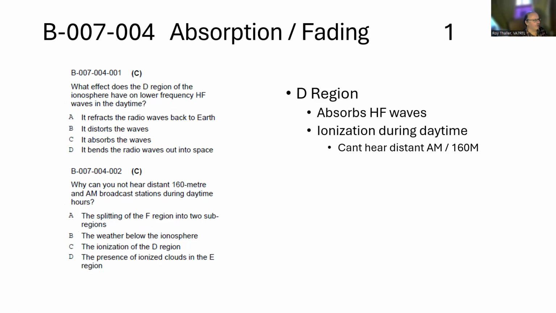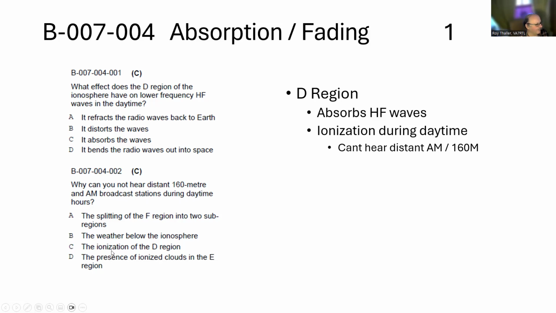Now we get into absorption and fading. What effect does the D region of the ionosphere have on low frequency HF waves in the daytime? So what the D region does, it mainly absorbs the radio waves. So C is the correct answer. And then why can you not hear distant 160-meter and AM broadcast stations during the daytime hours?